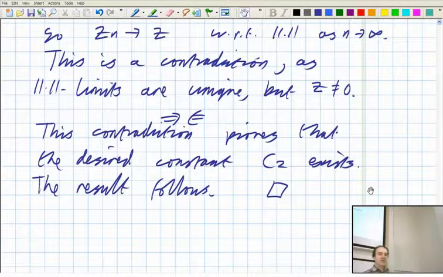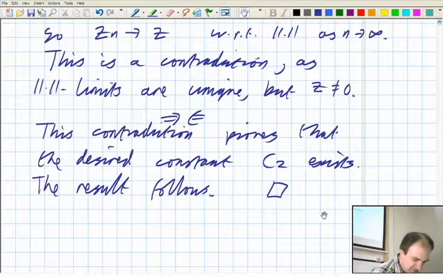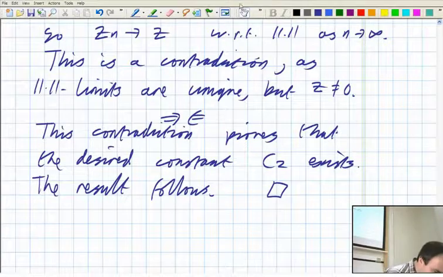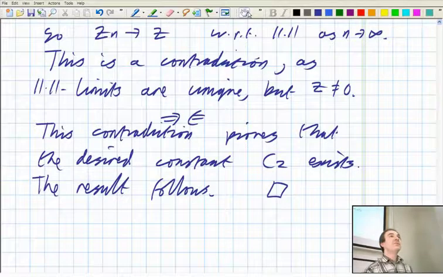So something of this remains true in infinite dimensions. If you find you've got two different complete norms on the same vector space, and one of them is bounded by a constant times the other, you do get a constant in the other direction for free. No questions?